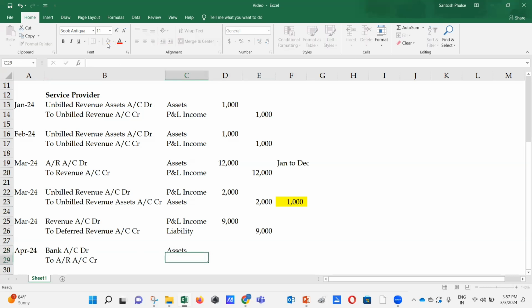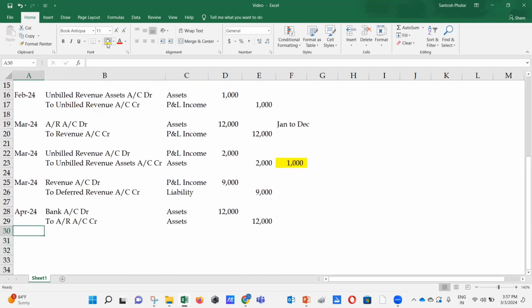This is your asset, and this is reduced from your assets. That's going to be the entire amount for which you have raised the invoice, that's 12,000.